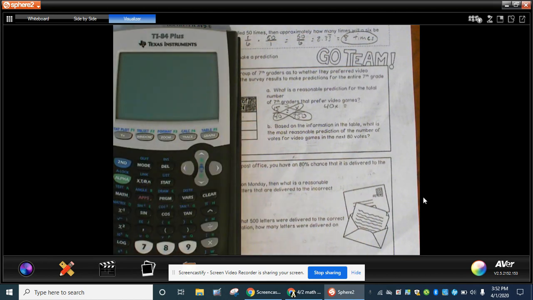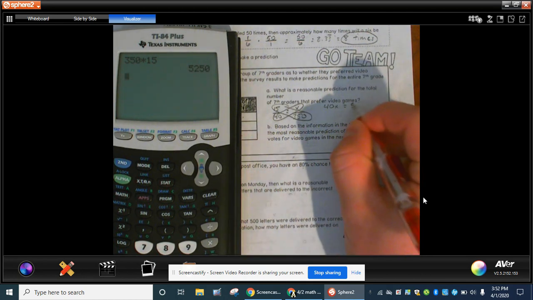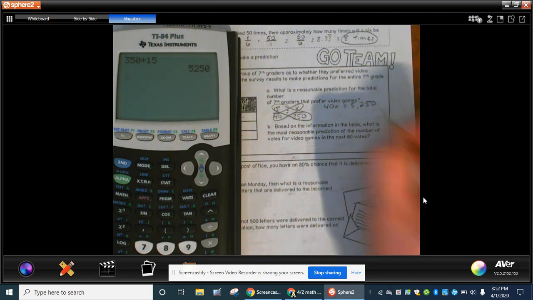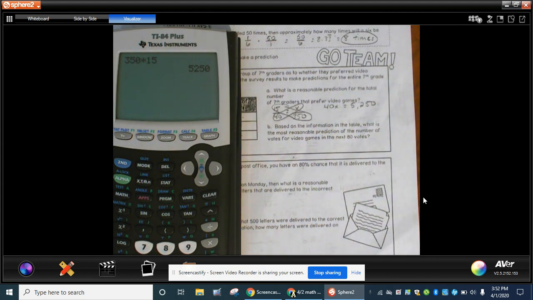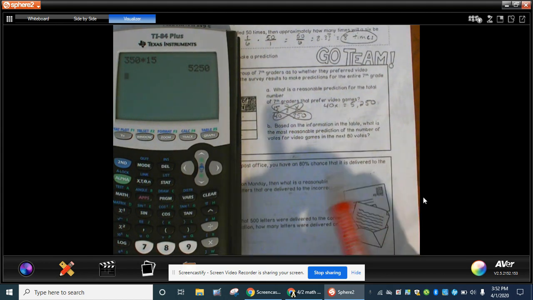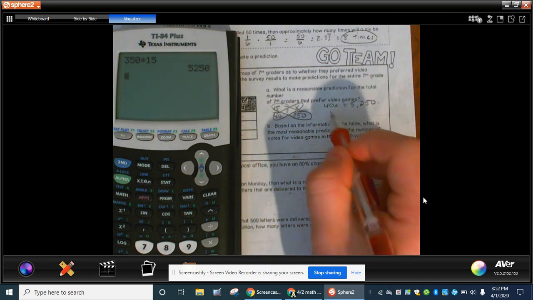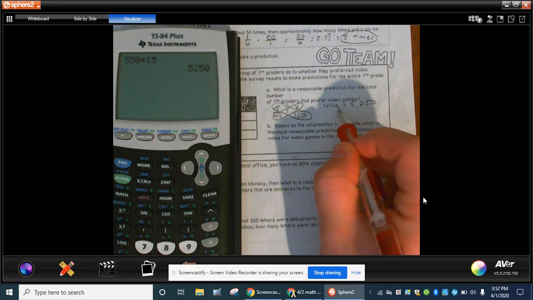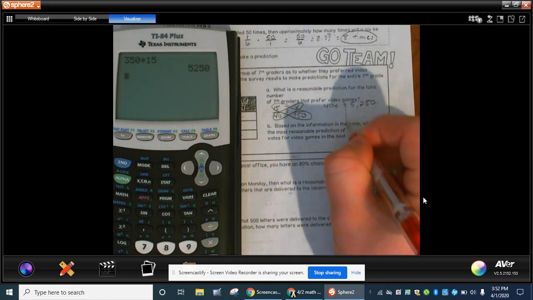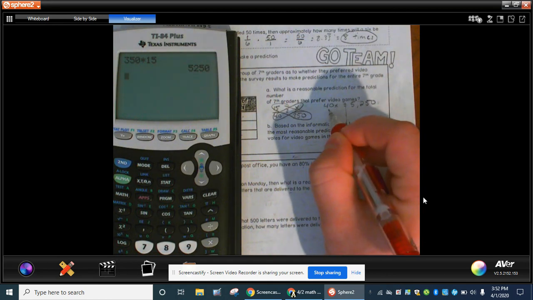Okay, so 350 times 15 is going to be equal to 5,250. Okay, so now we're at the point where we have a one-step equation. So I'm going to get rid of this 40 and keep x on the left side of the equation. 40 and x are being multiplied together.